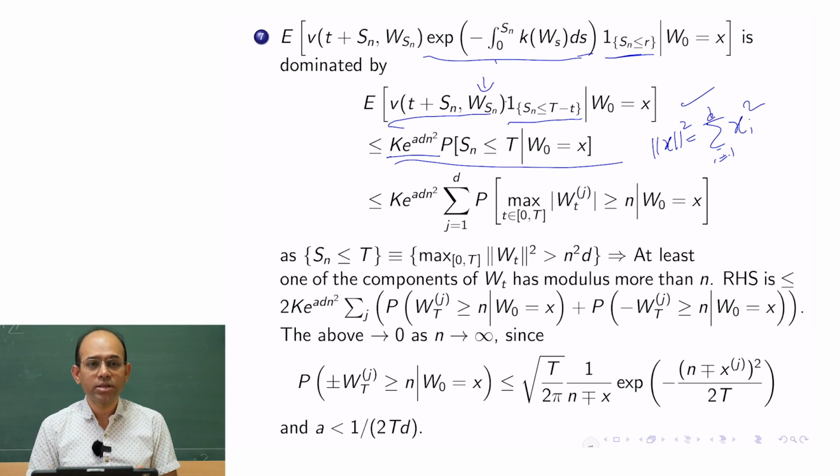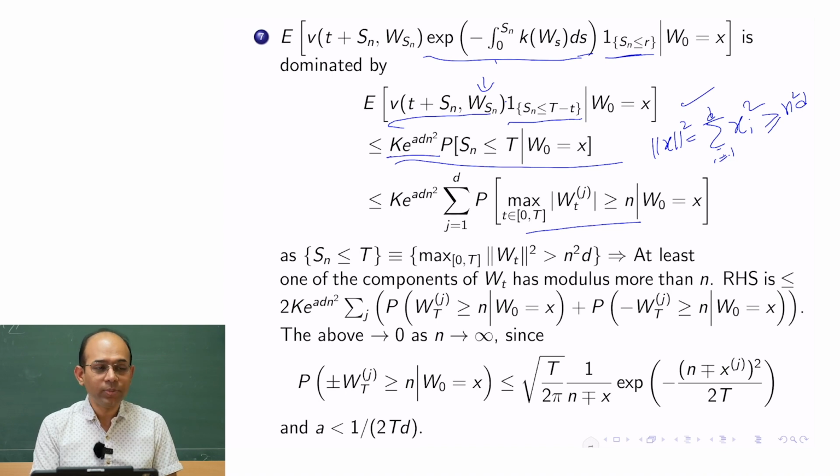If the whole sum is greater than or equal to n squared times d, then at least one of the terms must be more than n squared. Right? A sum of d positive terms is more than n squared times d, so at least one should be more than n squared. So at least one of the components xi should be more than n. So at least one of these components of the Brownian motion is more than n.